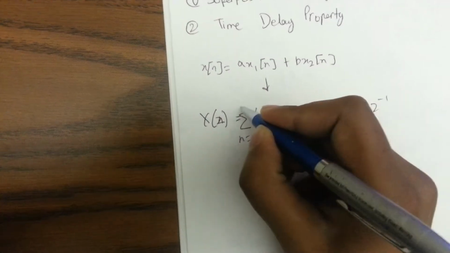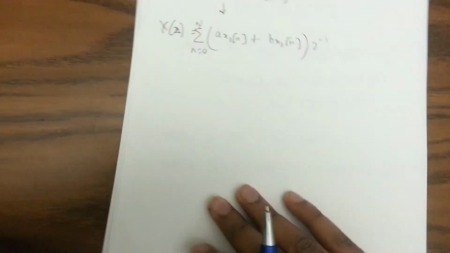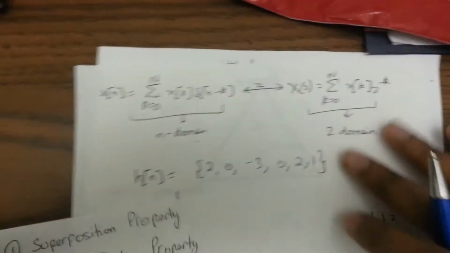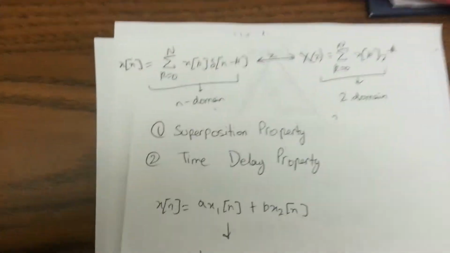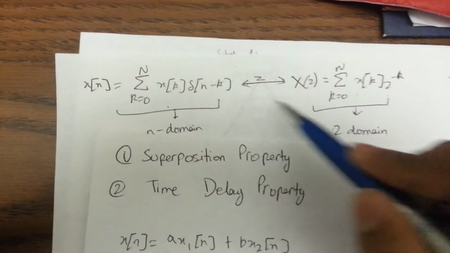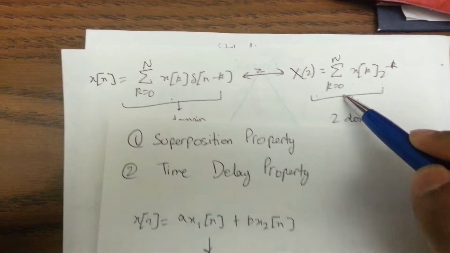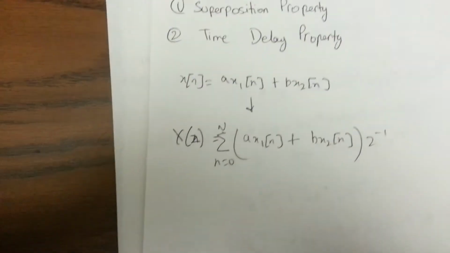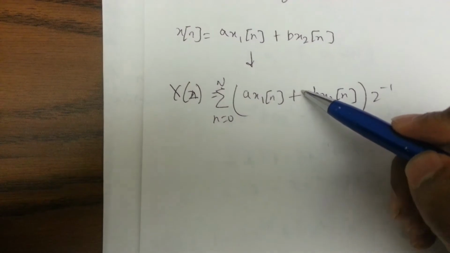As you remember from the last video, we talked about how to translate from the time domain to the z domain using this formula, and this is exactly what we're doing here. We're applying the same formula here.